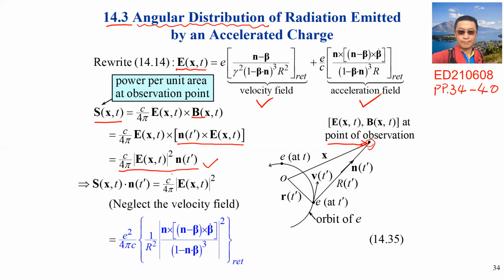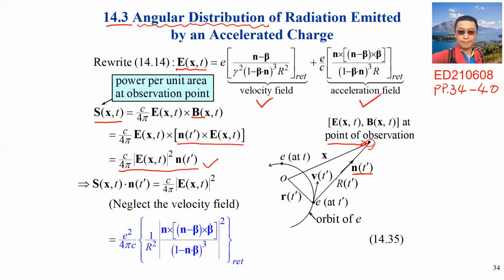C over 4 pi, absolute value of E squared, times n. n is from this point to this point. That's the orbit. At this point, it emits a signal in this direction, the n direction, and the signal will reach here.